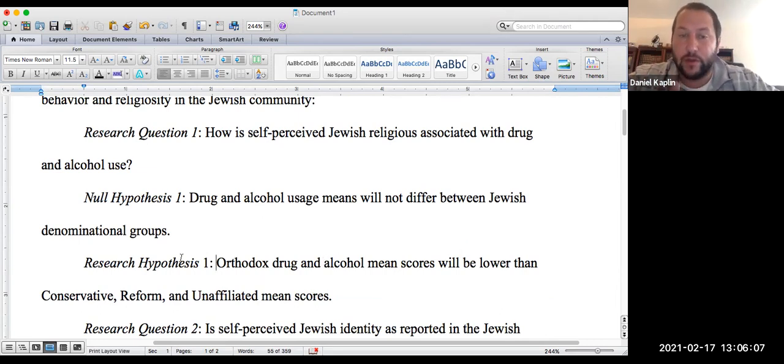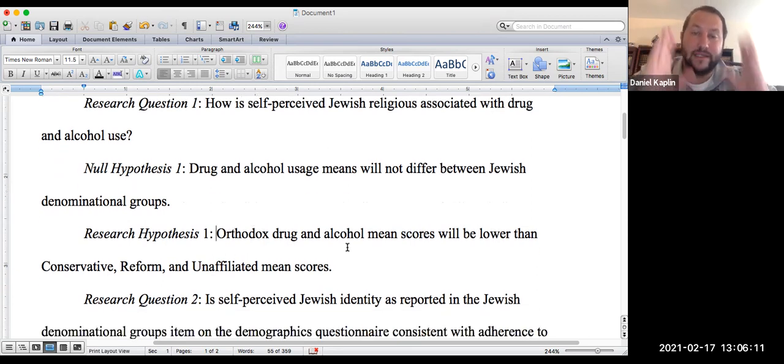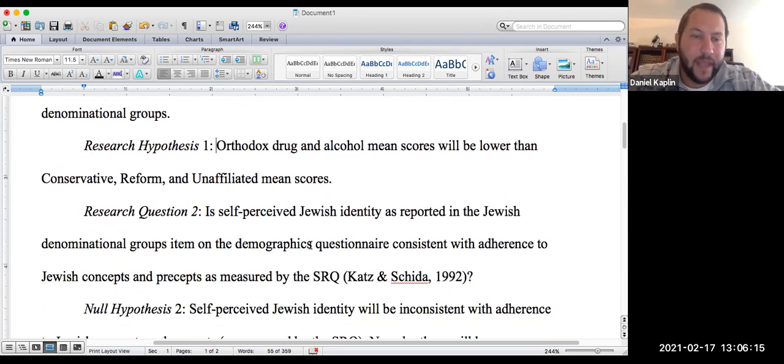The research or alternative hypothesis, the Orthodox drug and alcohol mean scores will be lower. Notice it's straight to the point, less noise. And then the second research question can also be shrunk. Again, you could eliminate the citation if you wanted, because you're going to talk about the instruments in the method section, right?